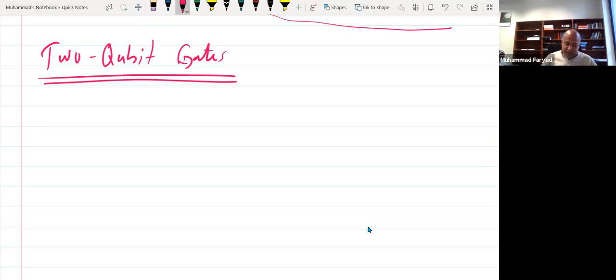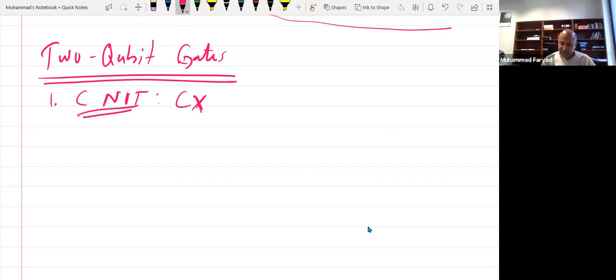The most important gate that everything else can be expressed in terms of is called the controlled NOT gate, and we will use the symbol CX for that. And let me describe it.